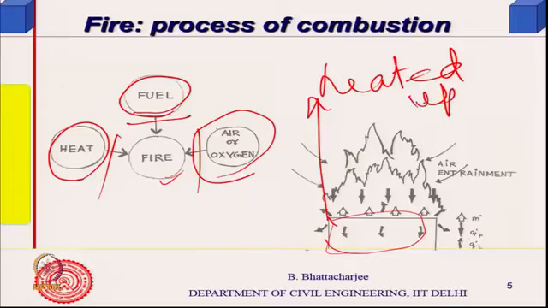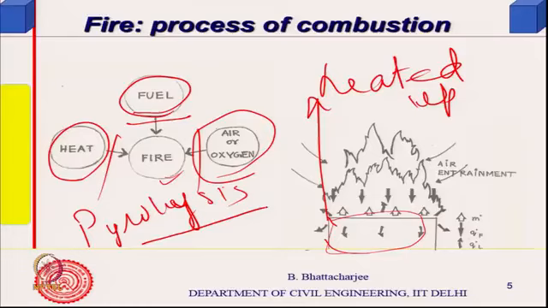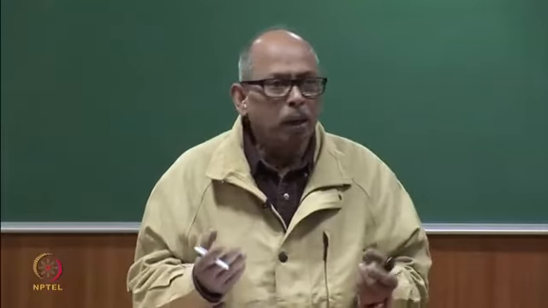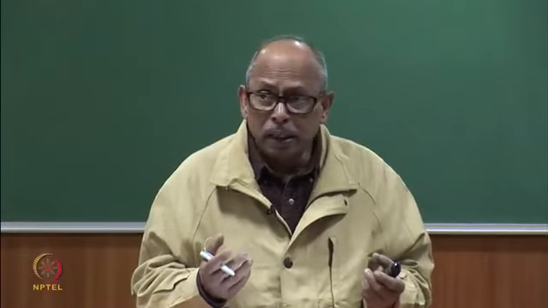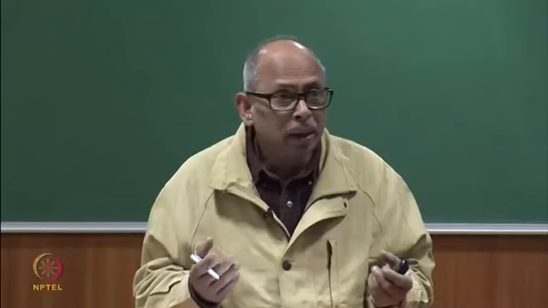What will happen? Some of these combustible materials, basically the molecules get broken down into finer molecules. The process is called pyrolysis. Say wood or polymers, they are large molecular weight material.